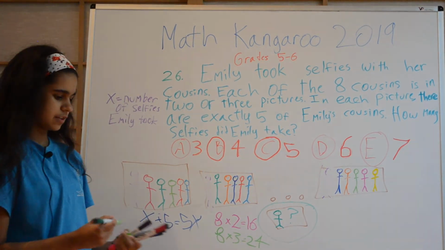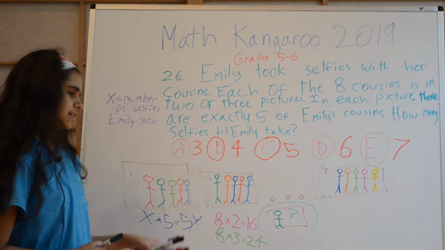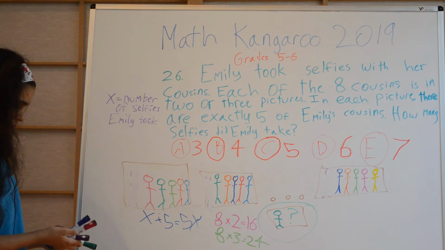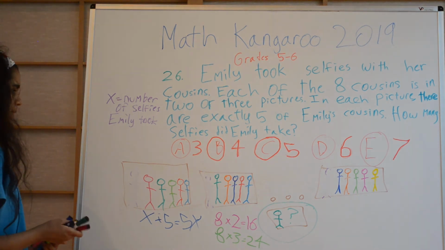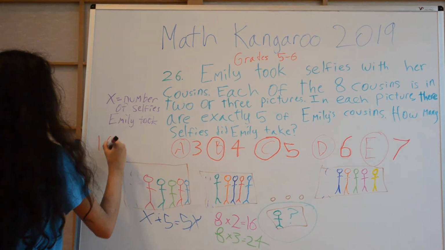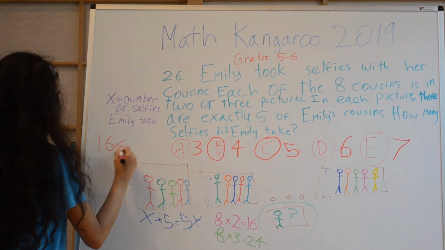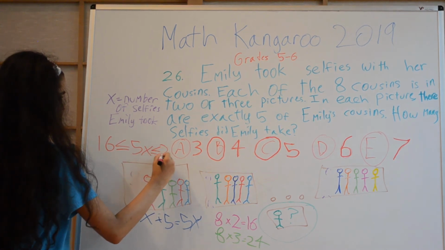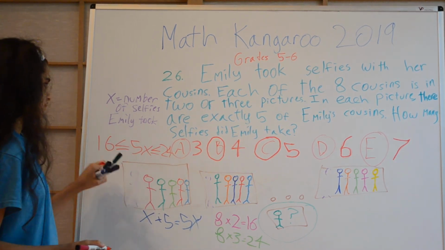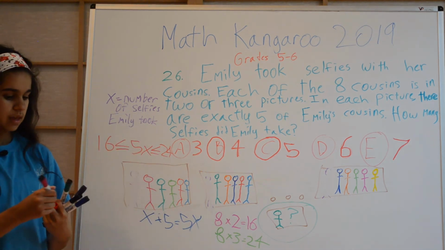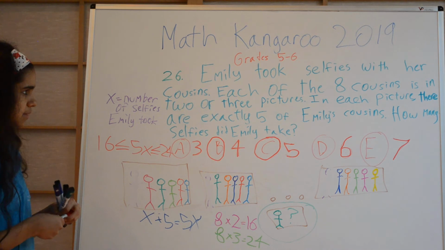So we know that these are the bounds, and we know that this number 5x has to be somewhere in between them. So we can write that 16 is less than or equal to 5x, and that's less than or equal to 24. We know that 5x can either be equal to one of these bounds or somewhere in the middle, if we have some cousins that have 3 and some that have 2.